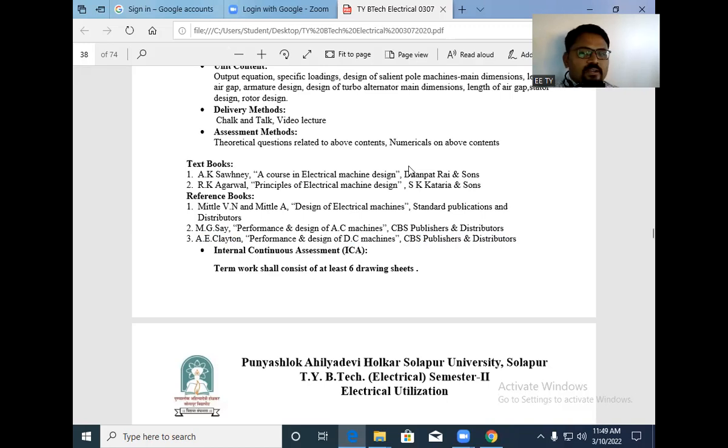Below that, has everyone written this? Okay. Below that, write down ICA. What do we have to do for ICA? Give the heading ICA, Internal Continuous Assessment.